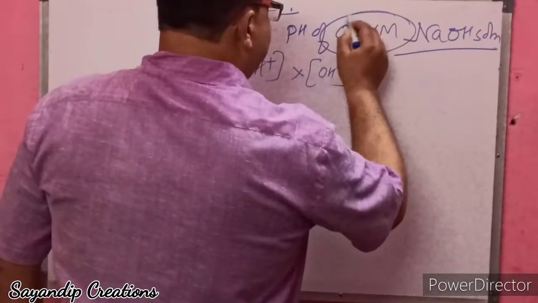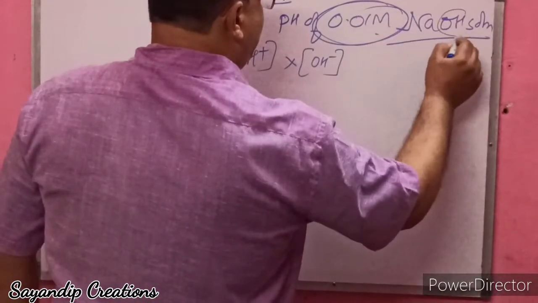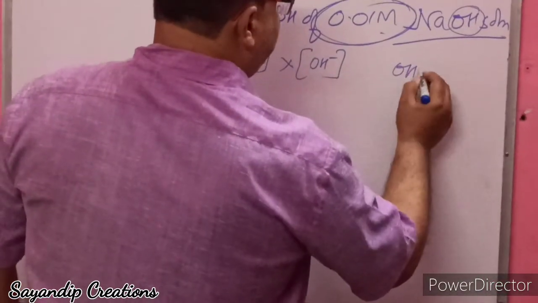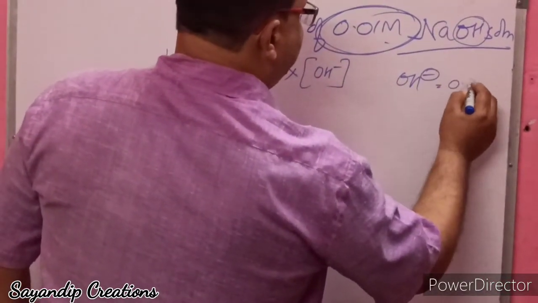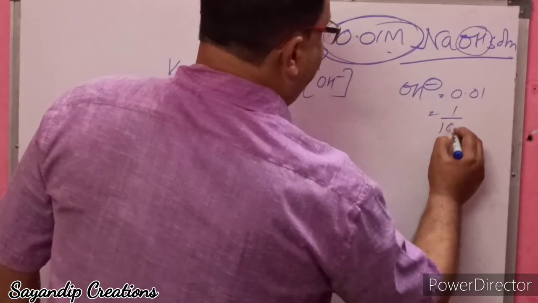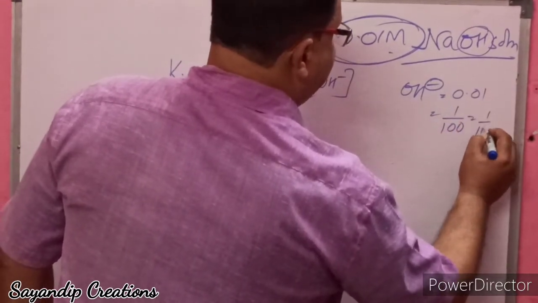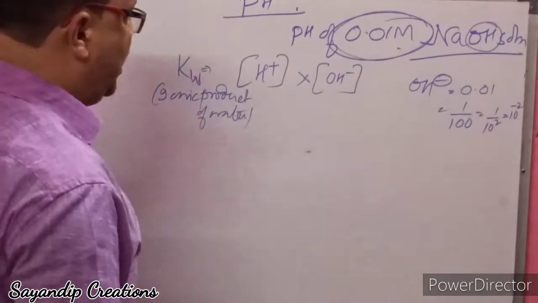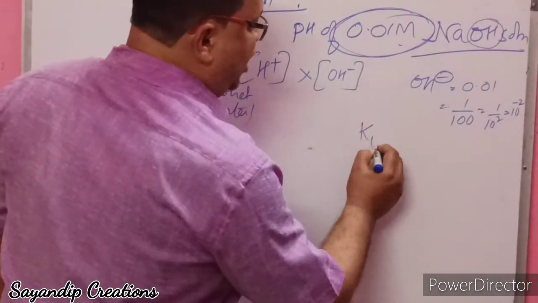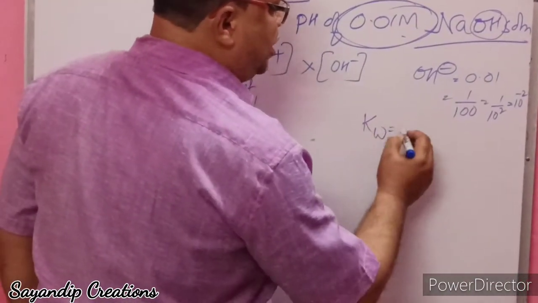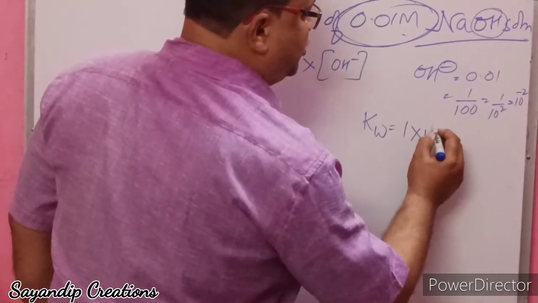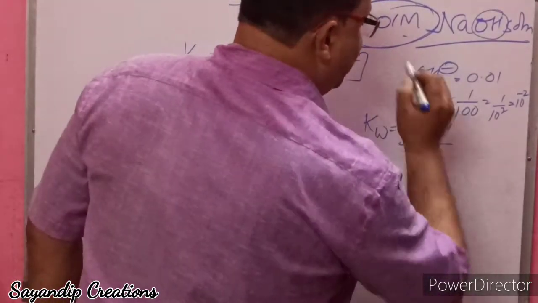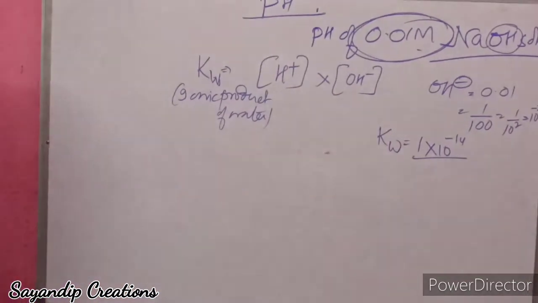Here the concentration of hydroxyl ion, OH minus, is given. What is the concentration of hydroxyl ion? 0.01, which is 1 by 100, that is 1 by 10 square, that is 10 to the power minus 2. And Kw, its value is constant, the ionic product of water is 1 into 10 to the power minus 14. This is also a constant value.